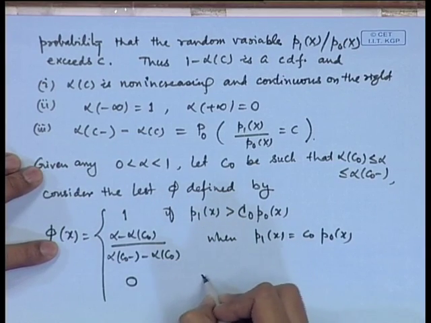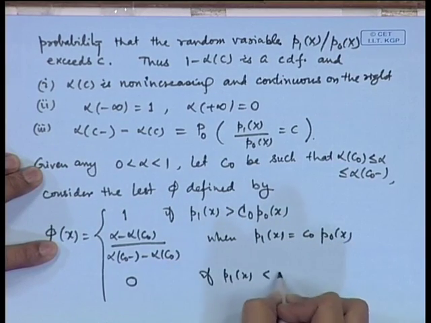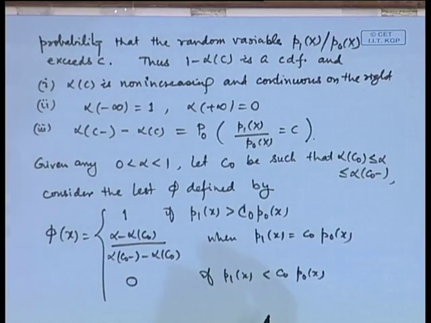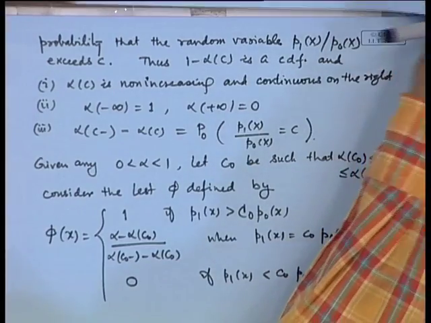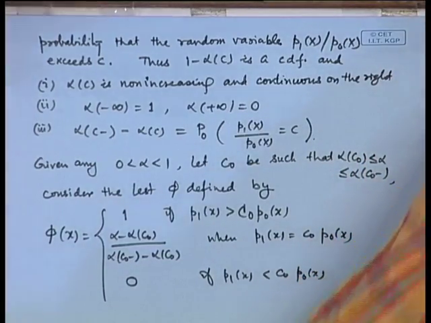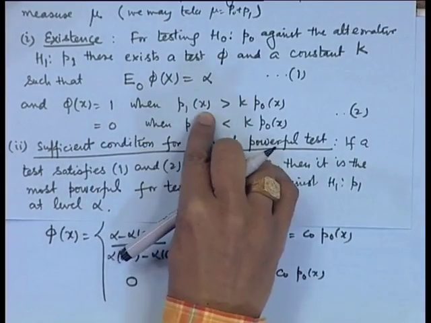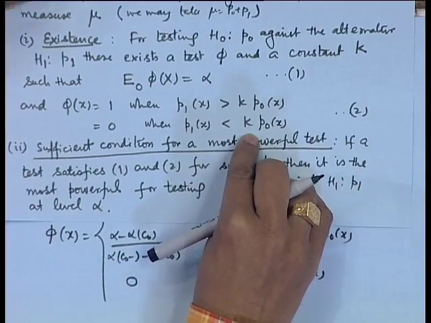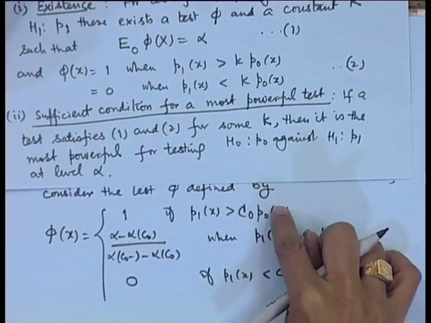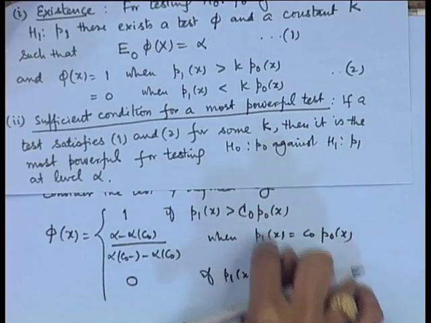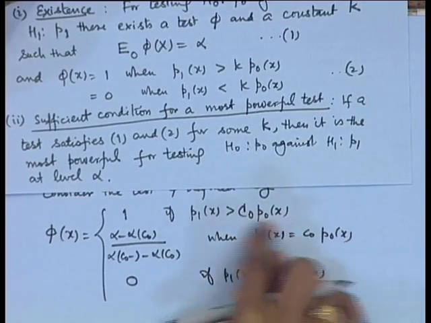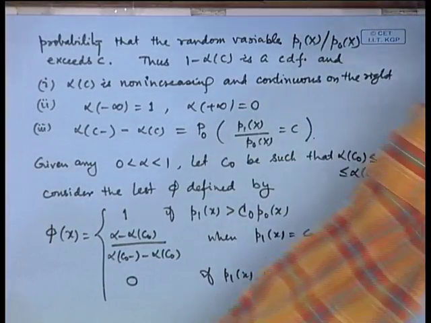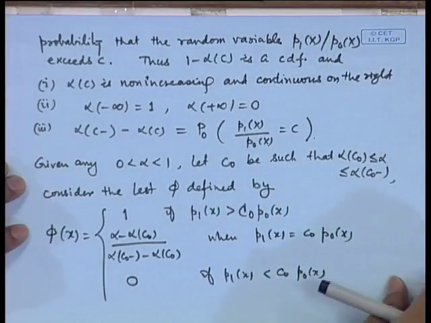And it is 0 if P 1 x is strictly less than c naught P naught x. Now, compare these conditions with the original function. We defined phi x equal to 1 when P 1 x is greater than k P naught and equal to 0 when P 1 x is less than k P naught. So, the greater and less conditions exactly match here. Only we have introduced one quantity for equality, the randomization point, which may be required in the case of discrete distributions.